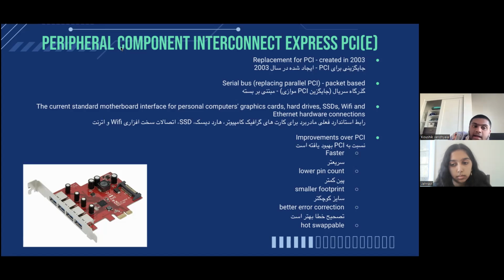It had many improvements over PCI. One, it was faster, it had a lower pin count, and it had a smaller footprint, which means that its relative size was smaller. It had better error correction, and like SATA, it was hot swappable.